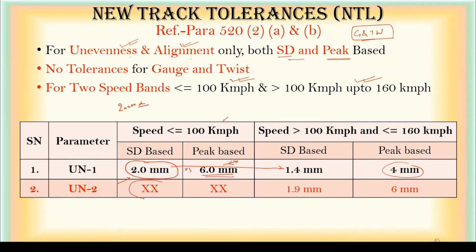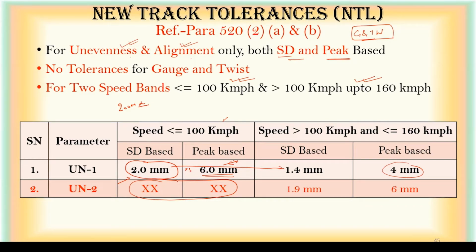Here we find no data, unevenness 2. What is the region? इसका region क्या है? There is no unevenness data. What is the region? बताइए. Goods के लिए.